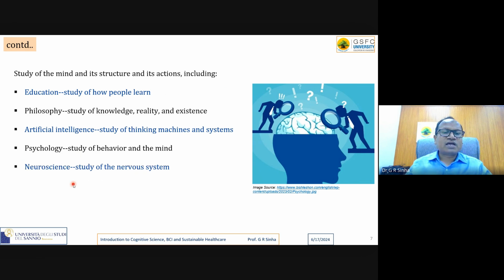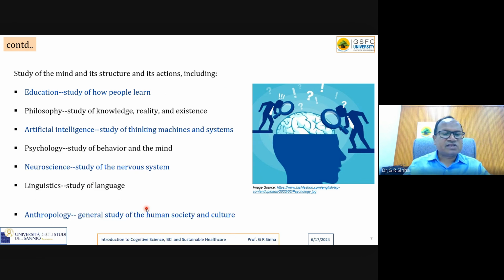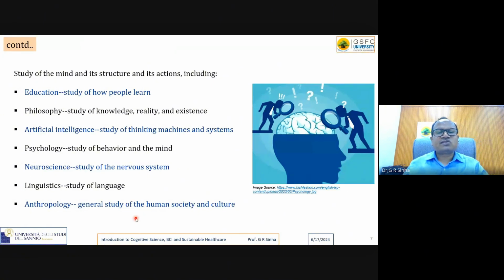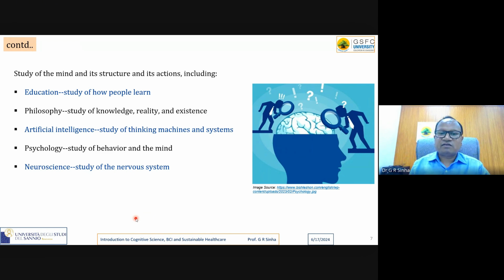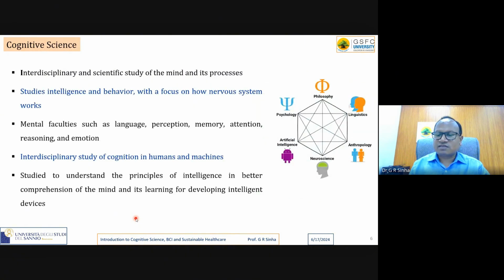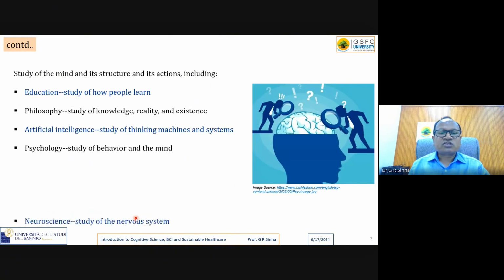Neuroscience is the study of the nervous system. Linguistics, the study of language. Anthropology is the general study of human society and culture. So this particular slide gives you the description of those areas which are part of what is called cognitive science.